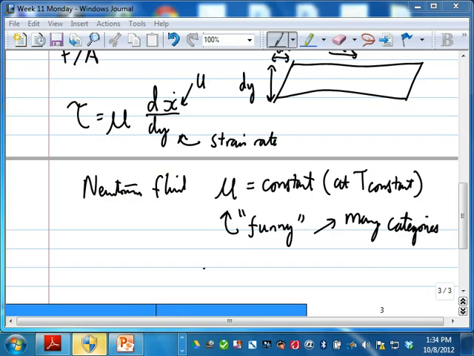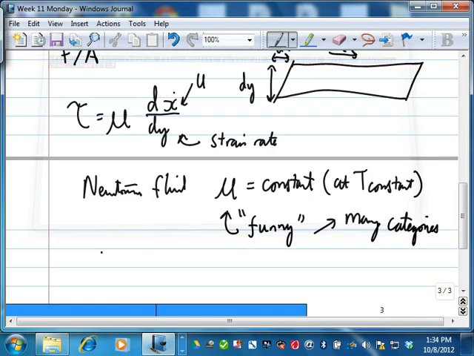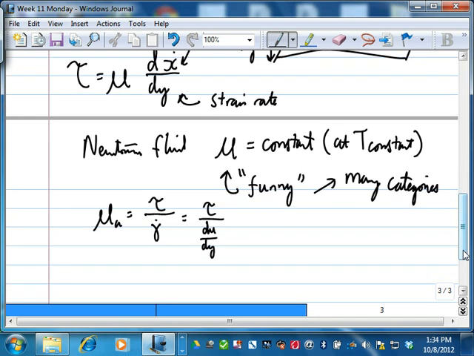So the shear stress. Mu apparent is equal to shear stress over du on dy. We want to keep this constant. When you go up, your y also goes up.